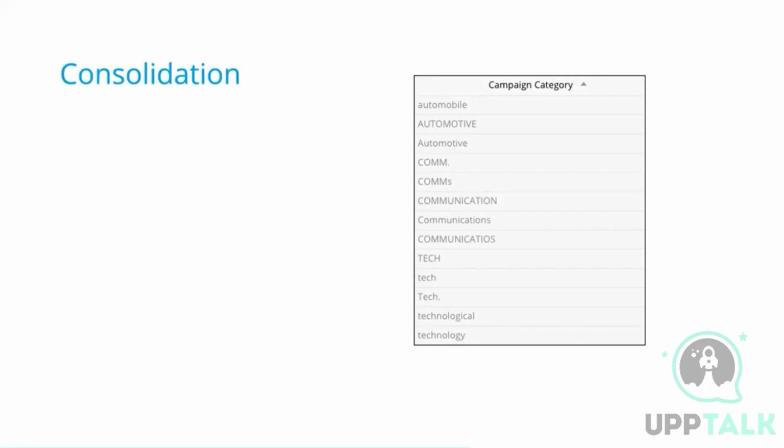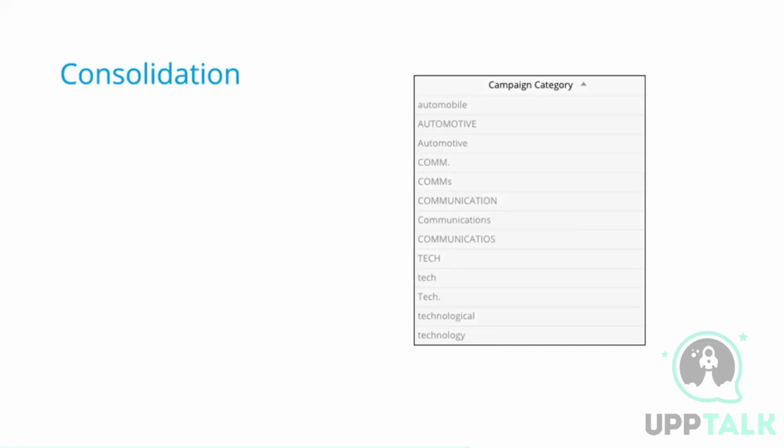And this is an example as well. Someone has written automobile, someone has written automotive, someone can write auto, and everything falls under automotive. Same for communication. We have comms, communications, and all those things, but everything falls under communication. Similarly for tech.